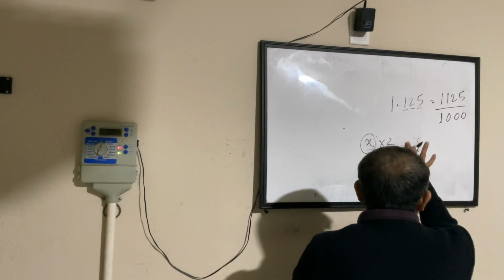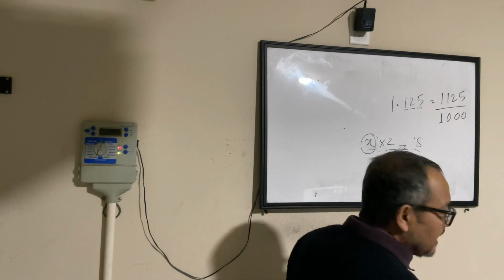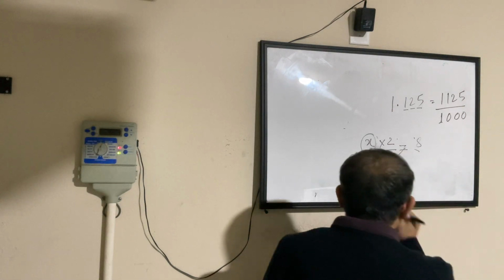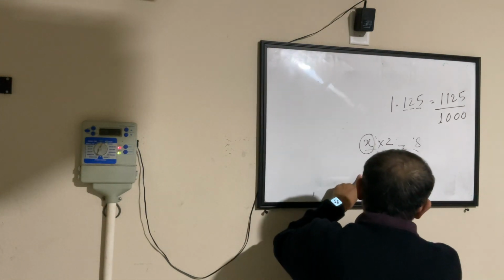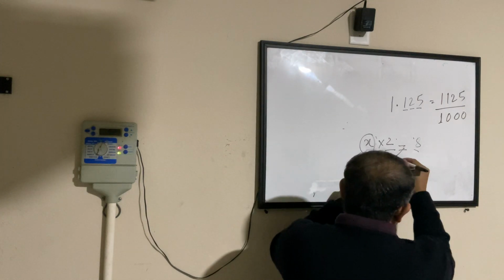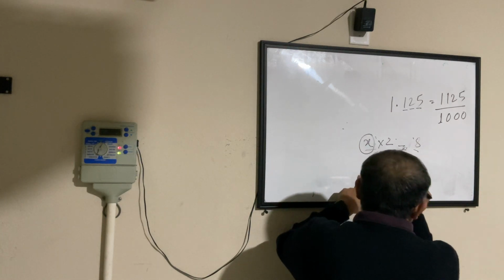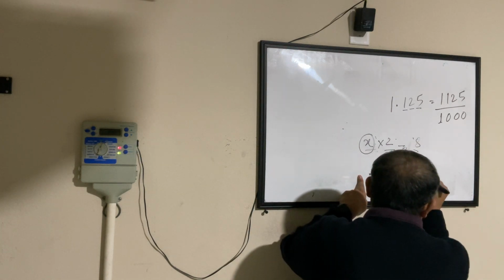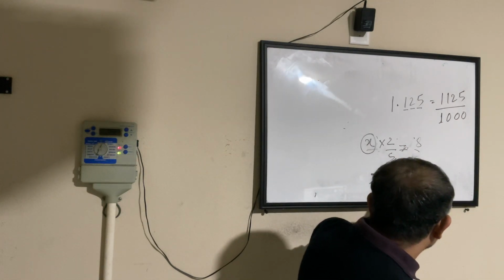Now look at this. I have x into 2 by 5 equal to 8. I want to find out the value of x. Meaning, I have to move everything, so let's move one by one. Let's move 5 first. 5 is below. It moves crisscross, it will go up. So 8 into 5 it will become. Now I have x into 2 equal to something.